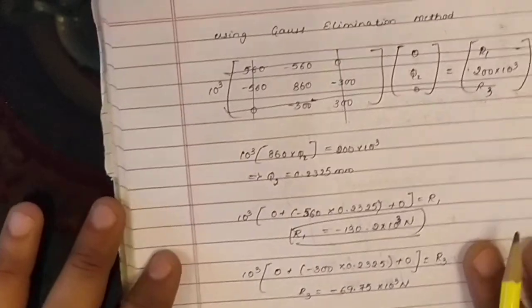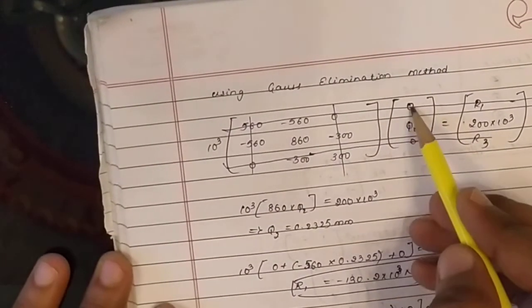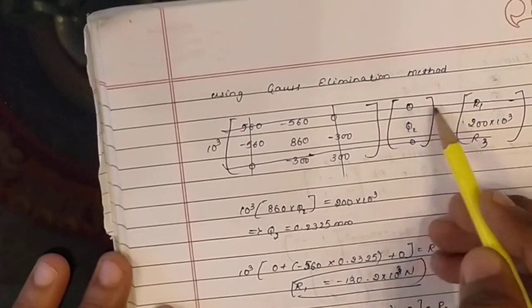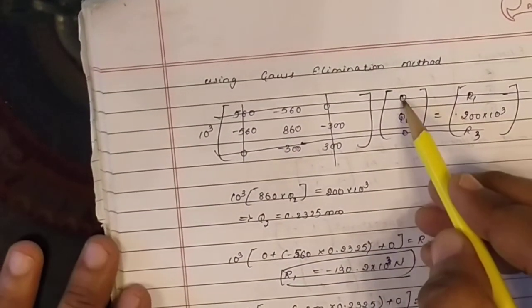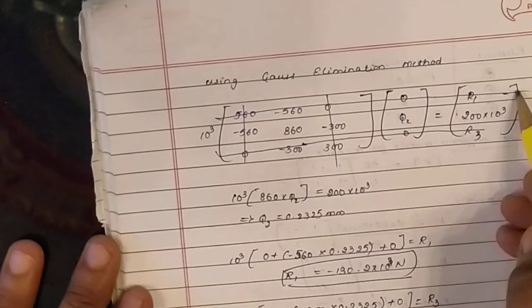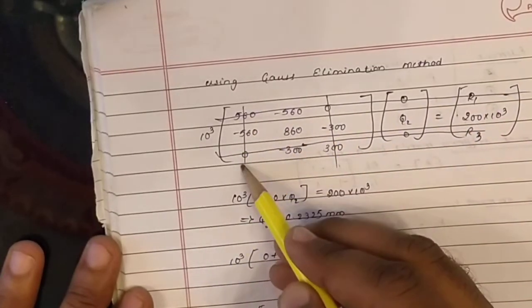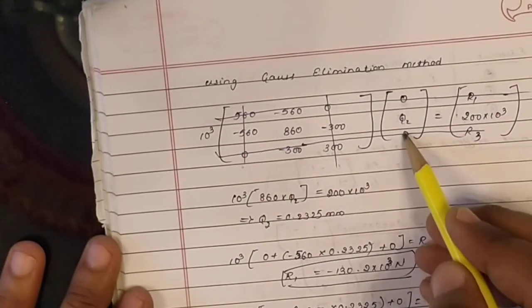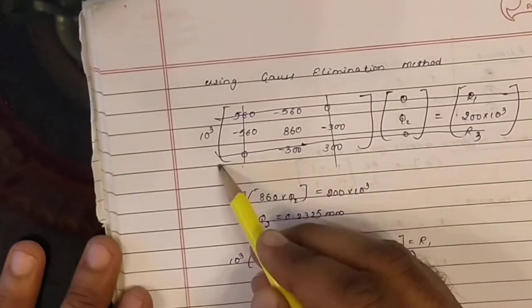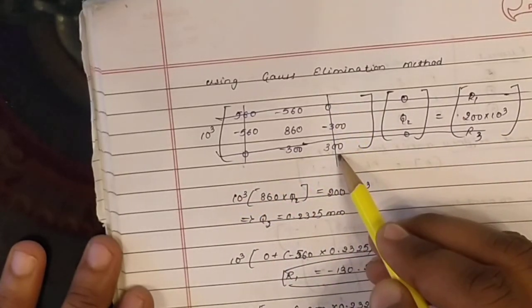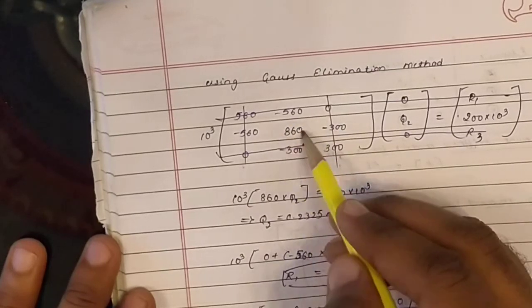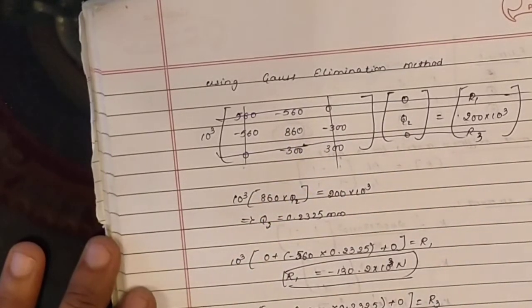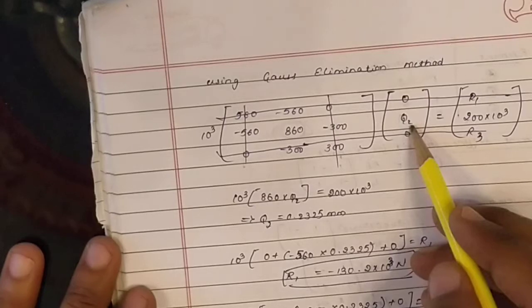Next, using the elimination method. As I have said, wherever there is a 0, strike out that row and that column. For example, here 0 is in the first row, so strike out the first row and the first column. Similarly, 0 is in the third row, so strike out the third row and the third column. Is that right? Only the middle term is left, so we only have to find out Q2.